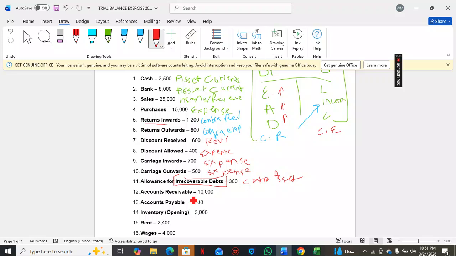Accounts receivable, that's an asset, so you debit. Current asset, right? Yes, sir. These are the people who are owing us money, right? Yes. The allowance is the contra asset for this one. It reduces accounts receivable.